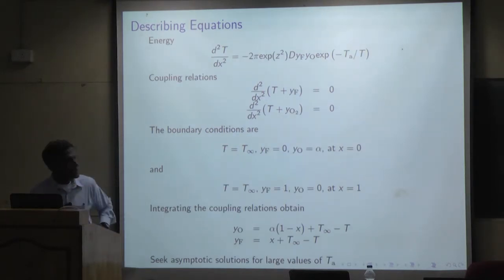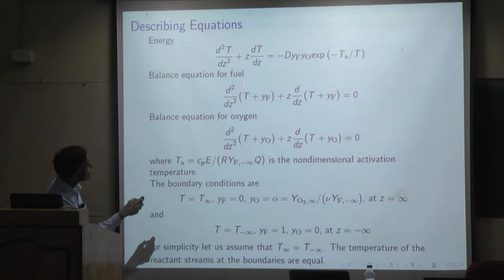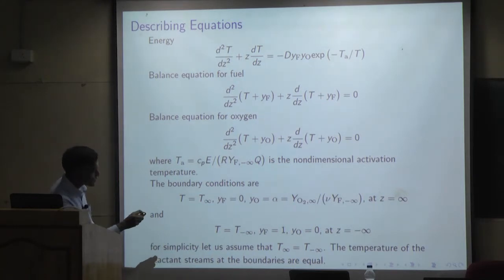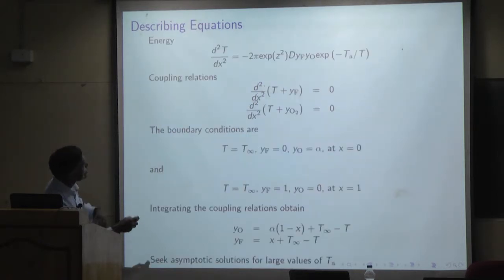Again, it's very easy to show this. Basically, you take these conservation equations and rewrite them with x as the independent variable. What's nice here is that these are the equations that result.